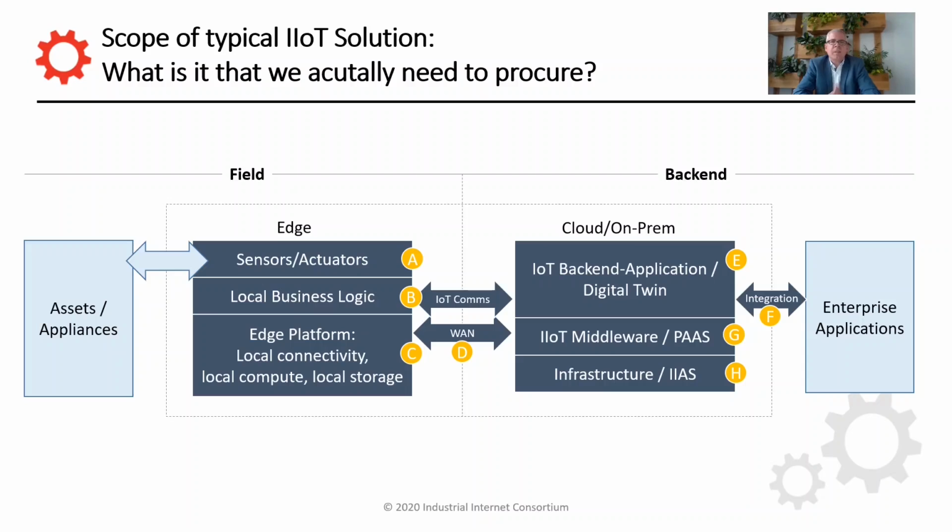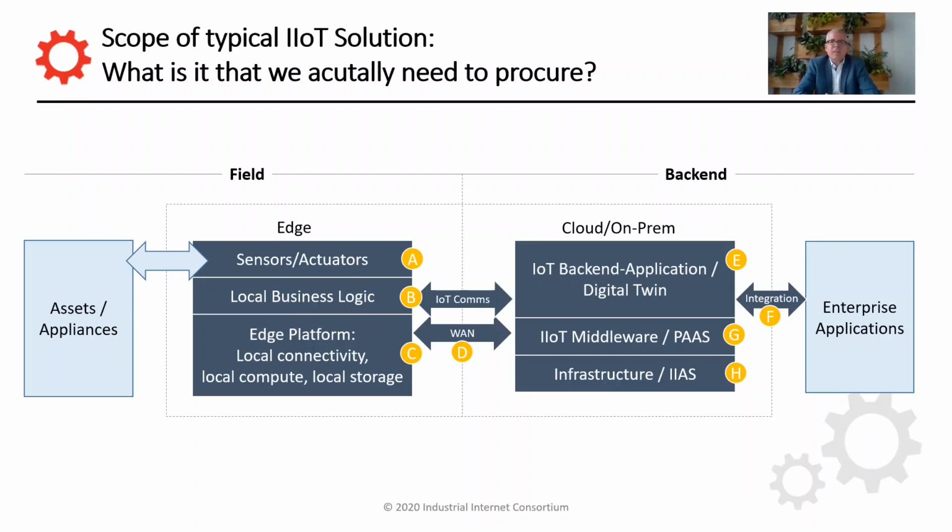So this is typically a service rendered by a telecommunication company to you and is augmented by some IoT specific middleware. Once you reach the backend, you typically again have custom application logic, so your IoT backend application, that's number E. In most cases, an IoT solution is not standalone. So number F is services that you will have to acquire that help you integrating your IoT backend application with your existing enterprise applications.